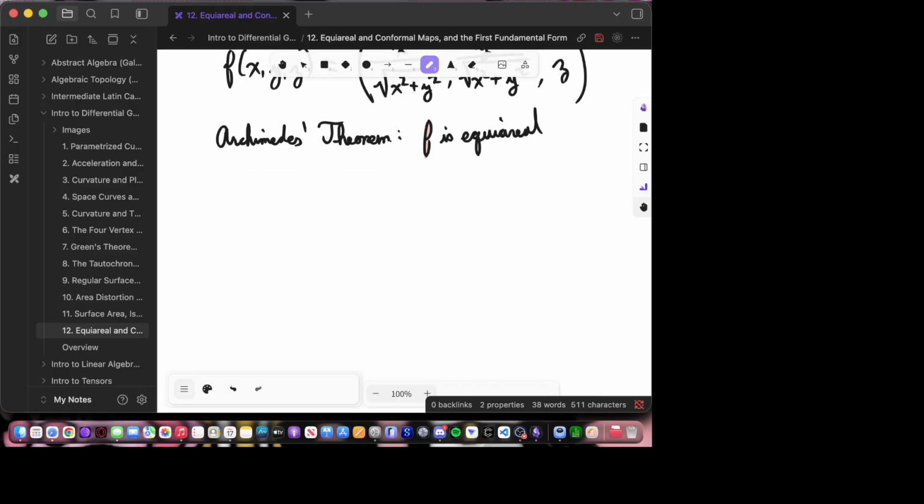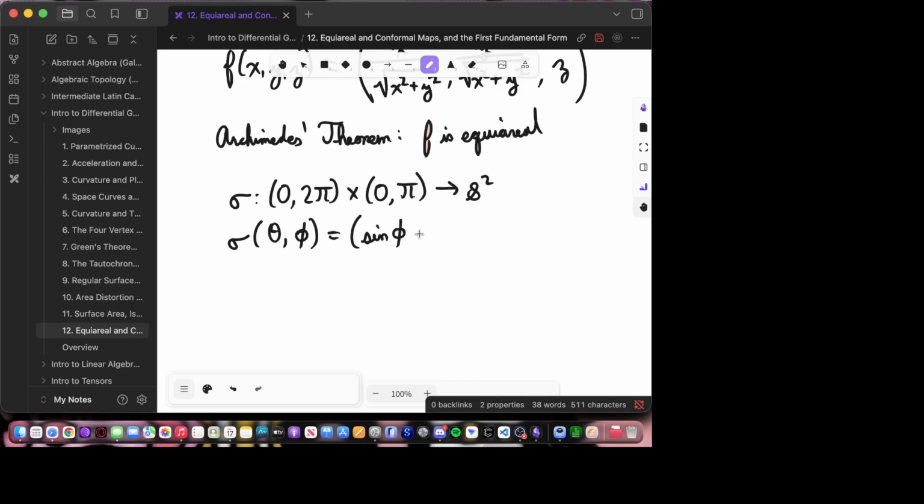So first, let's consider the coordinate chart sigma, where we have... this is basically just like the standard spherical coordinate stuff with distance being set to 1, of course.